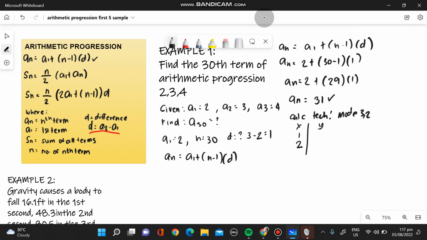We can use 3 values, but the minimum is 2. So why not use 2? Because it's easier. Okay, so we have the y values, which are 2 and 3. So x is 1 and 2, and then for y we have 2 and 3, and press AC.